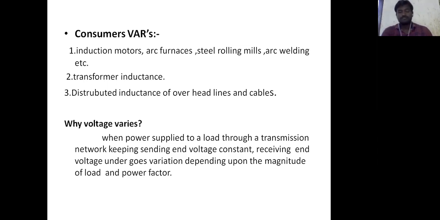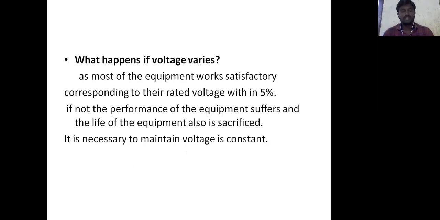What happens if the voltage varies? Most equipment works satisfactorily if the voltage is within 5%; if not, the performance of the equipment suffers and the life of the equipment is also sacrificed.